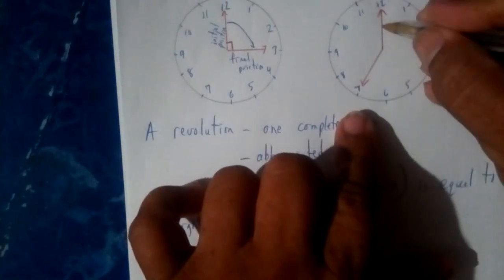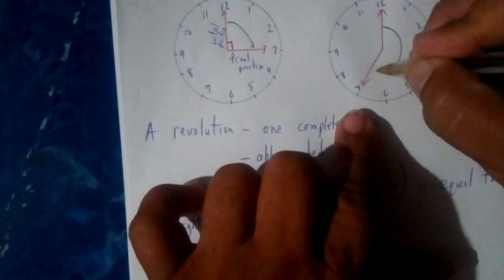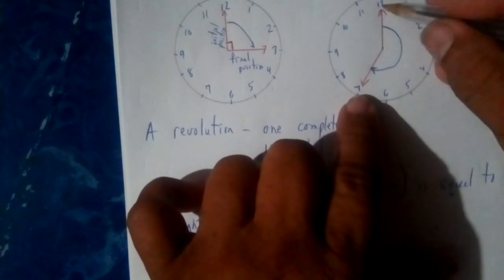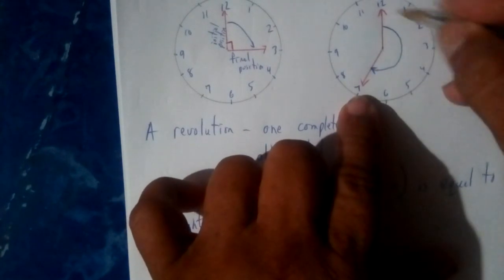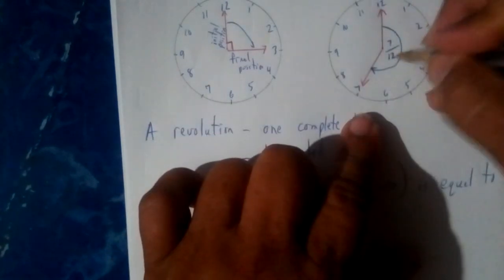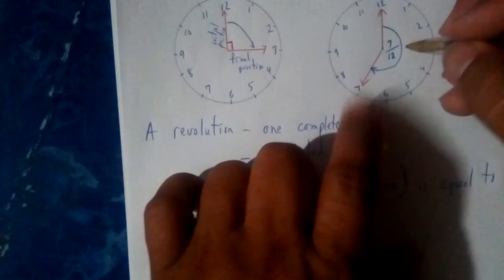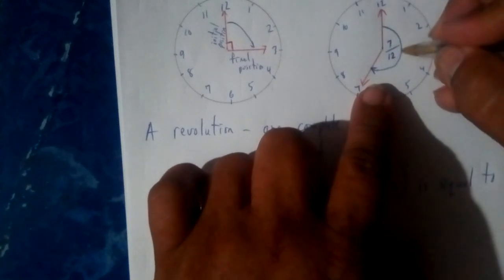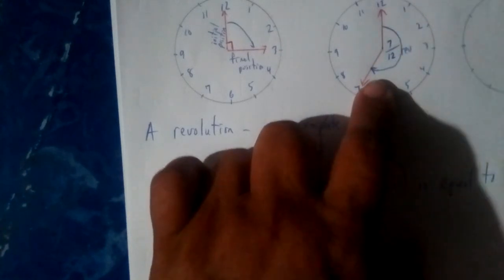Notice from here you started and went all the way around to this point. There are seven numbers that you covered, and there are 12 numbers, so it is 7 over 12 revolution, REV.